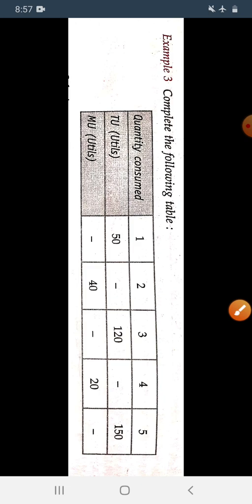Okay, let's see. Here the first quantity consumed is given. It is units of the commodity, whatever you have taken, and the first TU is given. So what will the second be when we have to calculate this? When we have to calculate TU, the formula is the summation of MU.